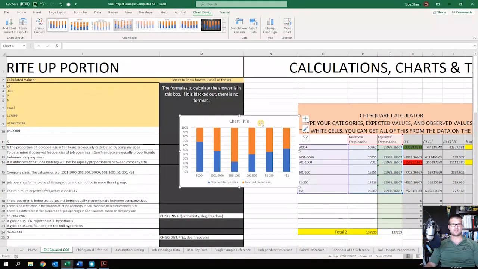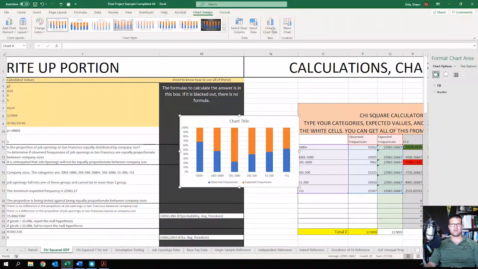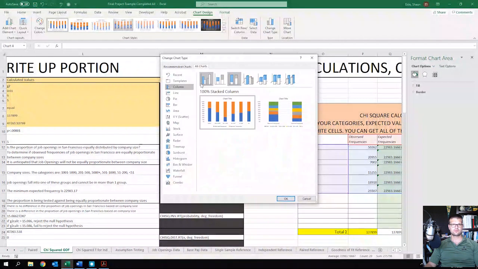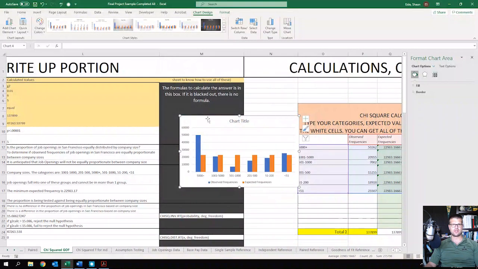So we're going to change this chart type. You could do that, or you could do this. I like this just because it's clean and simple, so we're going to stick with that. Expected frequency, observed frequency, and then the title: comparison of job openings based on company size.